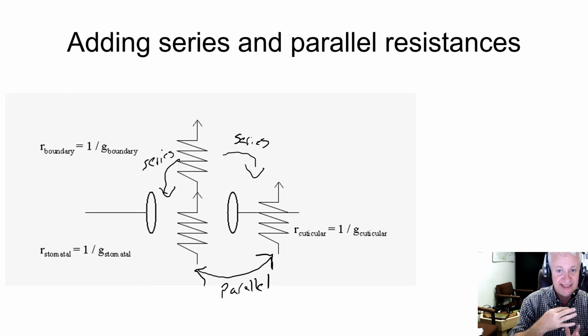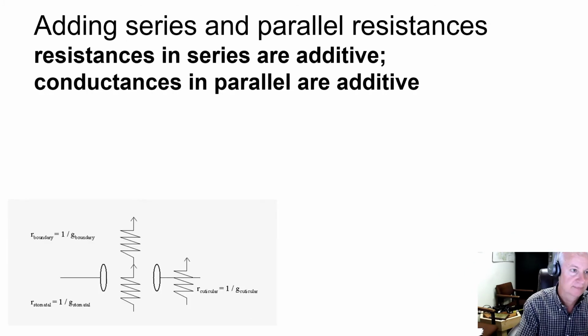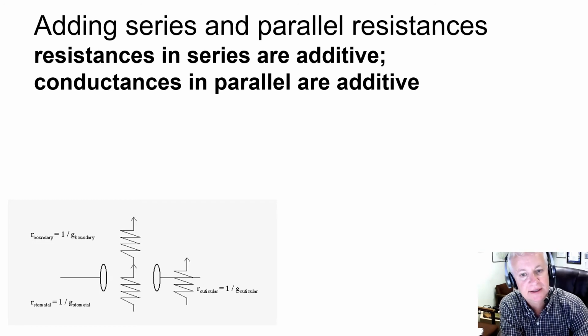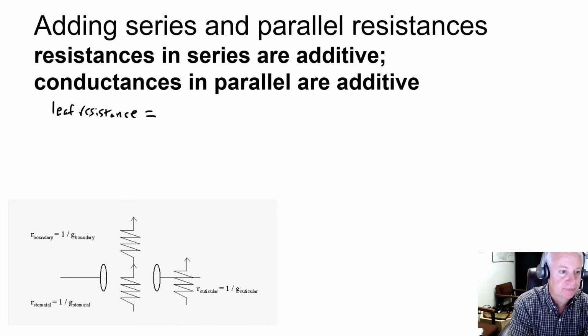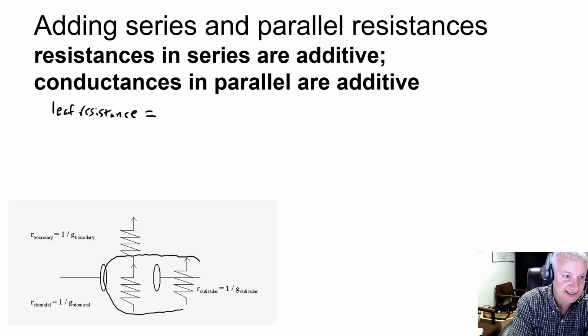That then conditions the math that we need to do to formulate the leaf resistance from its component resistances. Mathematically then, to get leaf resistance from those component resistances, first we need to get the sum of these resistances, which are in parallel to each other.